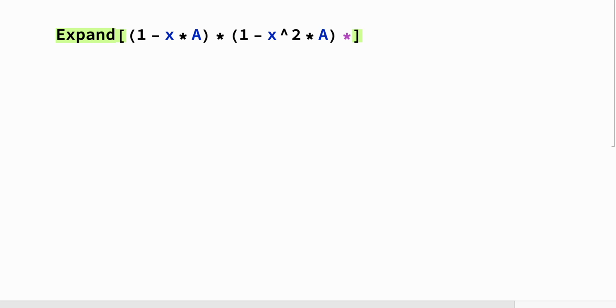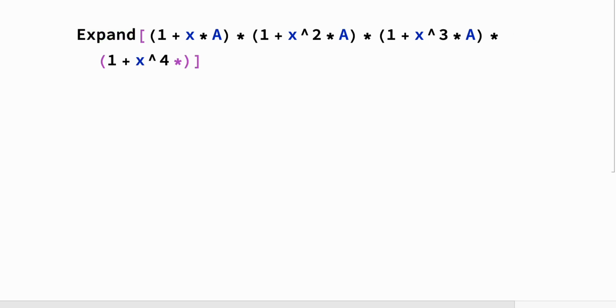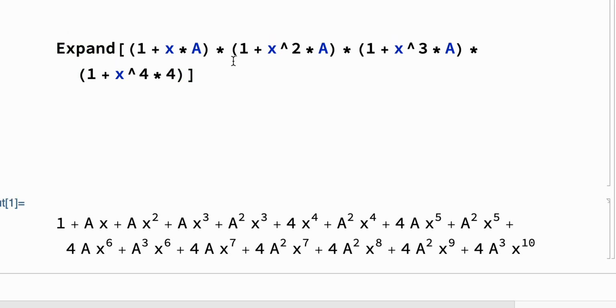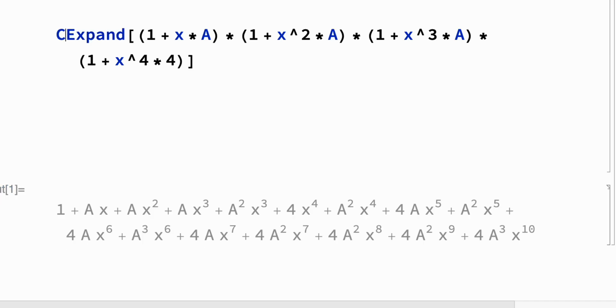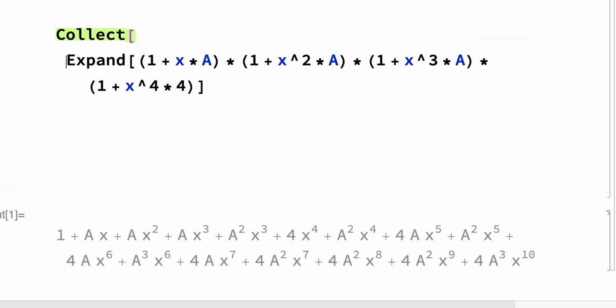The third term is plus 1 plus xa, 1 plus x square a, 1 plus x cube a, into 1 plus x to the power 4 a. So you will see that it will expand the whole series, 1 plus ax plus something like that. So now I will collect all the terms. Mathematica is actually beautiful.